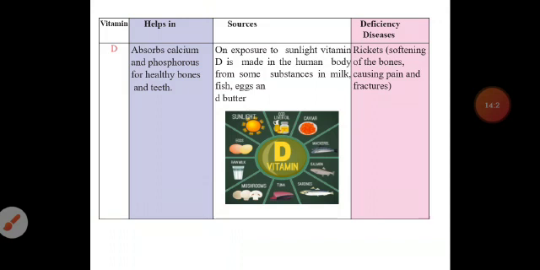Observe the picture, you will come to know. If vitamin D is not present in your body, deficiency diseases are caused like rickets, which means softening of bones, causing pain and fractures.